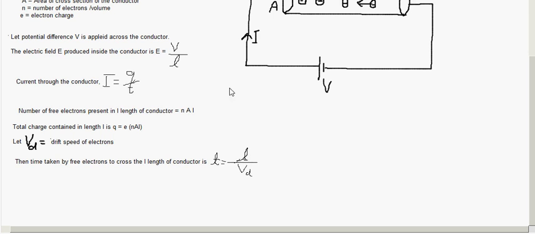Now let us substitute these values in the current. Let us take this equation as equation 1 and this as equation 2.